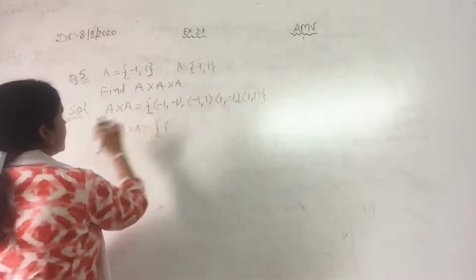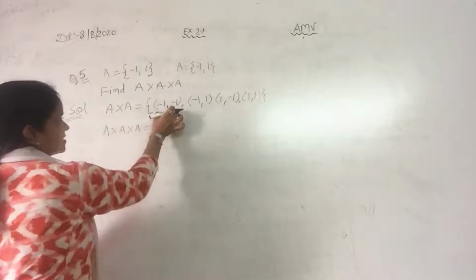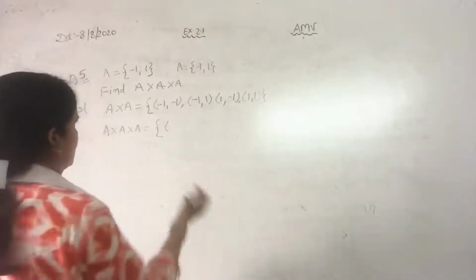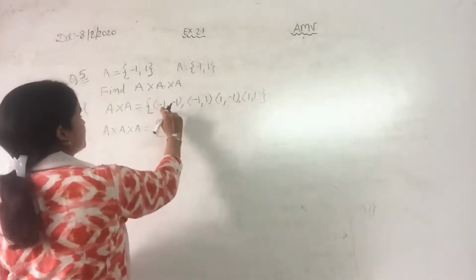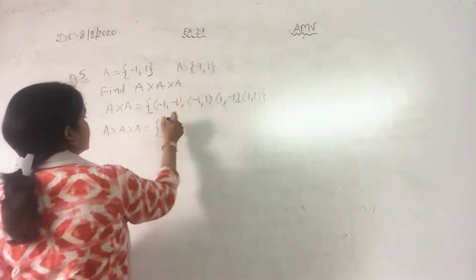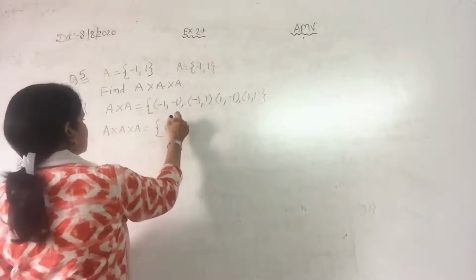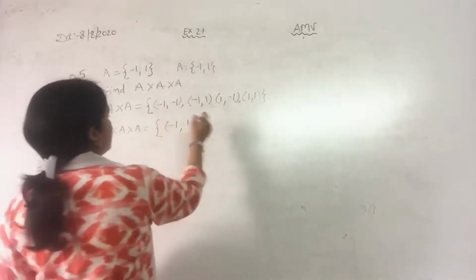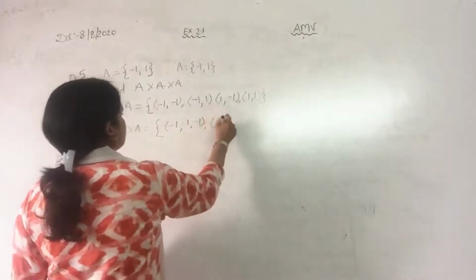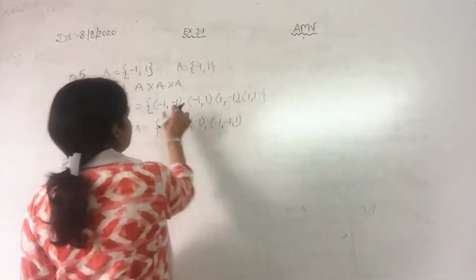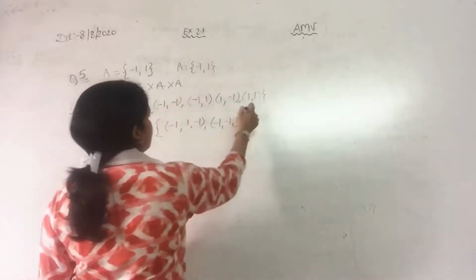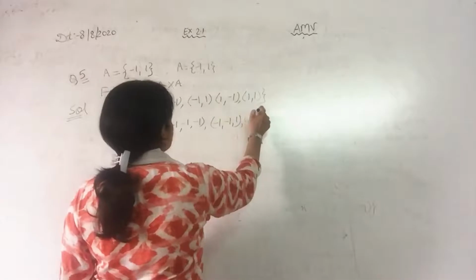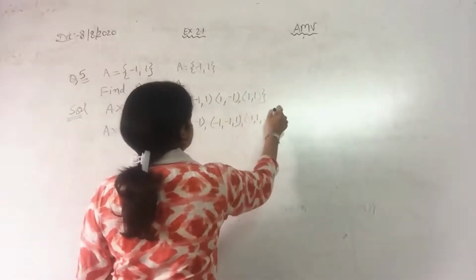Okay, so now the first element is this (-1, -1). Cartesian product of this element with -1, we will get (-1, -1, -1). Now (-1, -1, 1). Now take the second element, (-1, 1), with -1: (-1, 1, -1).